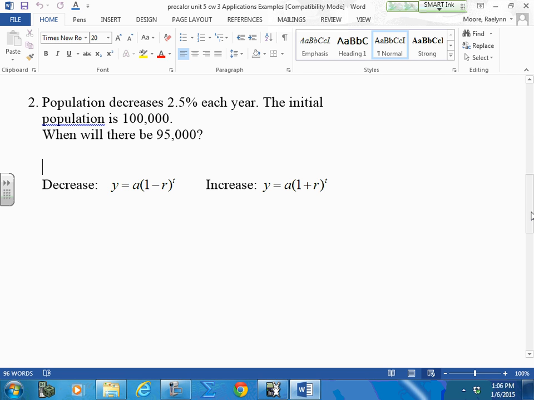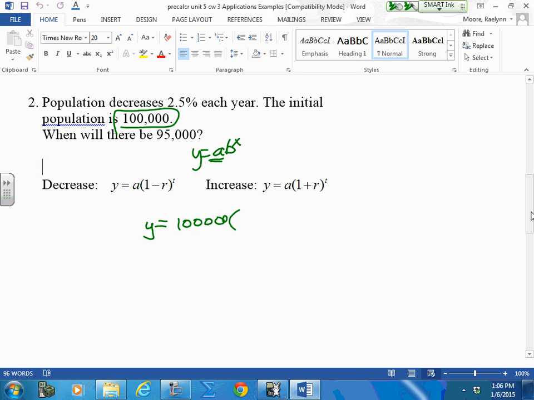Now, we start with A, B to the X. What is A? What did we start with? 100,000. What's our rate? We're decreasing 0.025.